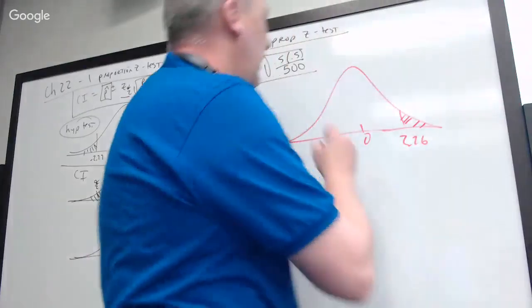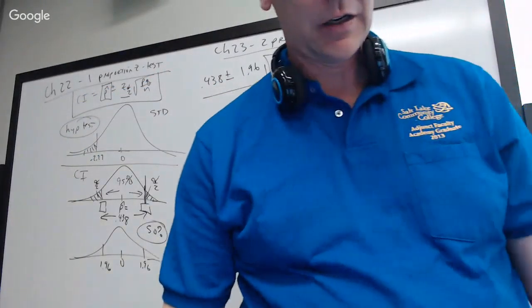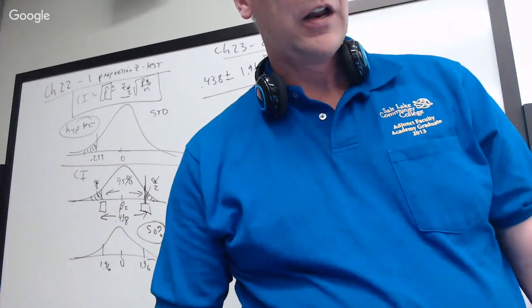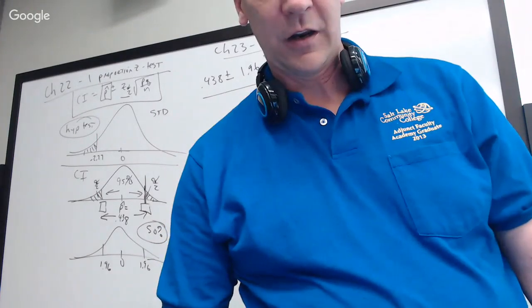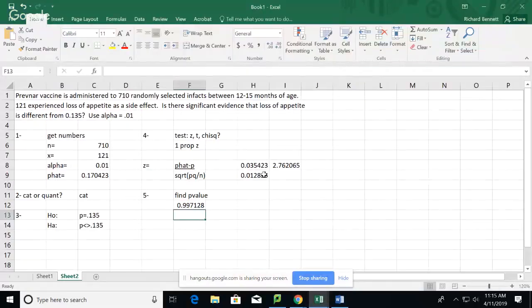Okay. And I want it to be two-tailed. So in this case, I need to not only do 1 minus, but then I get to double it. Okay, that's the correct value there.